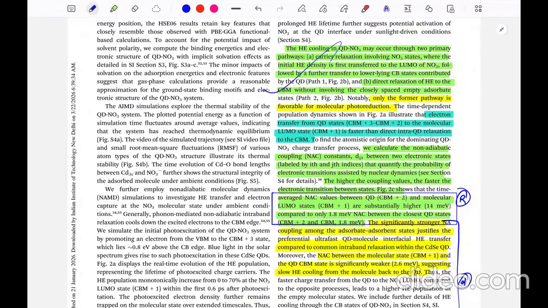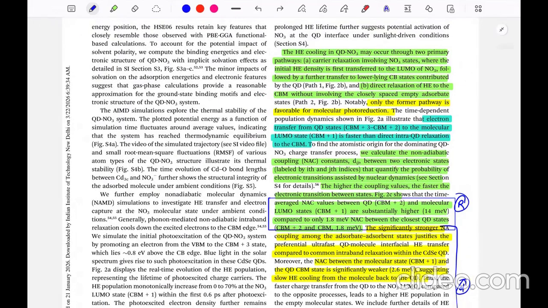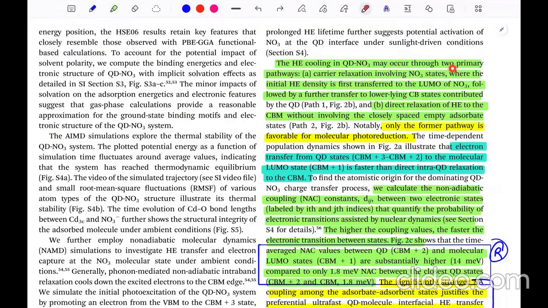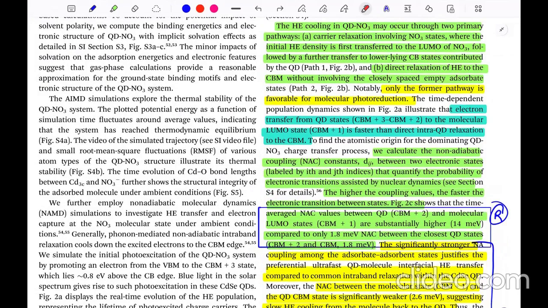This you can think of as a previous work that is used to give a clear perspective. Hot electron cooling in a quantum dot nitrate system may occur through two primary processes. One is carrier relaxation involving the NO3 molecular state, where the initial hot electron density is transferred first to the LUMO of the nitrate molecule, then to the low-lying conduction band states of the quantum dot.